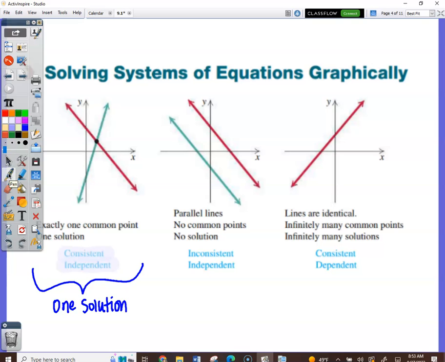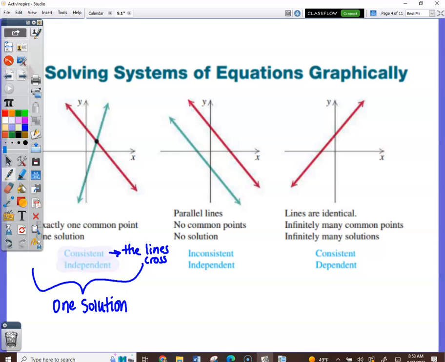Consistent basically means, when you're talking about graphing, solving a system, consistent means the lines cross. Somehow. They cross, they touch, somehow. These lines touch. It's consistent. They have something in common, right?